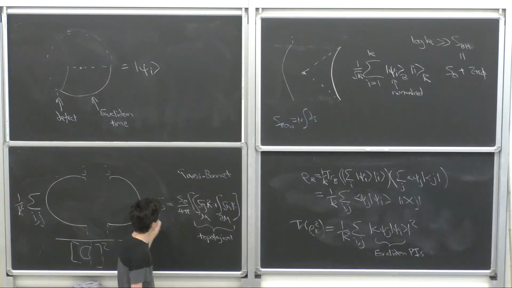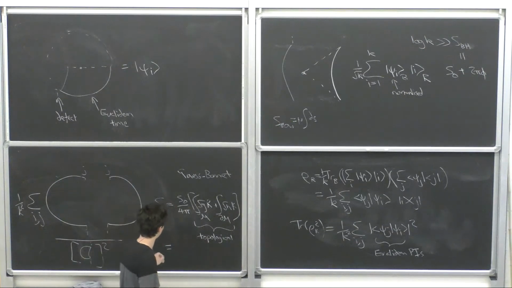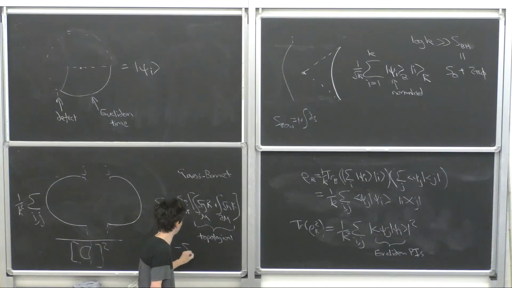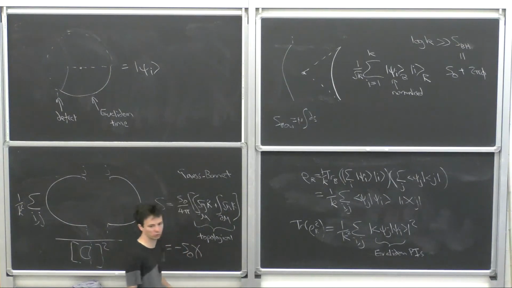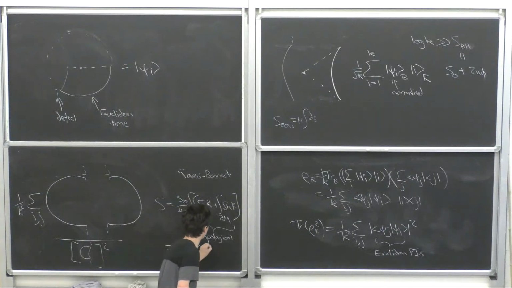And so this action ends up being equal to minus S0 times what's called chi. Okay, so chi here is the Euler characteristic of the 2D manifold.